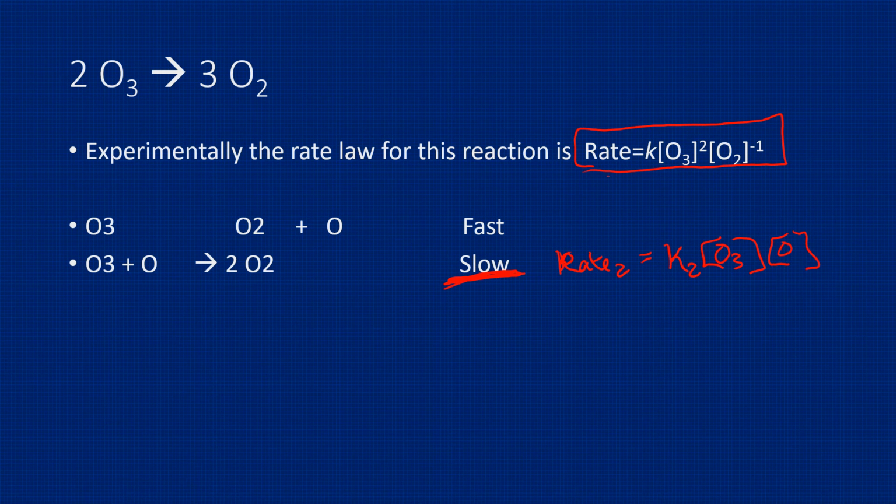It's going to disappear at some point, so we cannot have that as part of our rate. We need to substitute in for O.